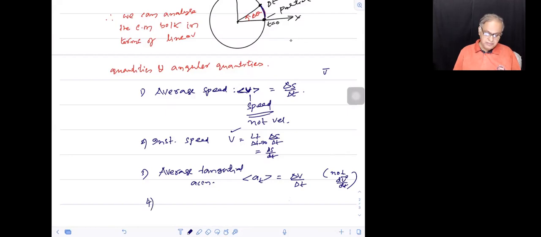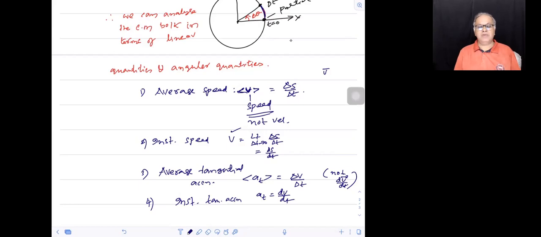Instantaneous tangential acceleration is simply the limiting value of this, which is written simply as at equals dv by dt. So the motion can be understood in terms of s described. S here is not the displacement. S is the path length, the arc length, as a particle moves from one place to another.